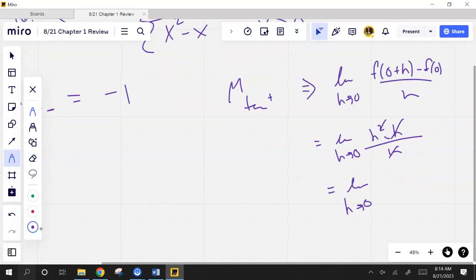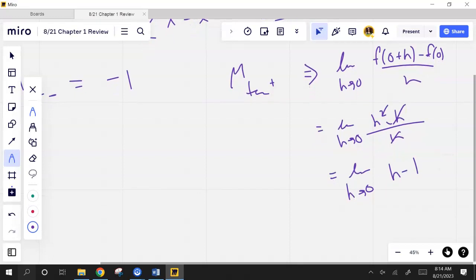Remember, I need it to be what in order for this tangent slope to exist? -1. So I've got h minus 1. Can I plug in now? Yes. Plug in a 0, and I get. Now, because both of those two are the same, then the slope does exist. It is -1.